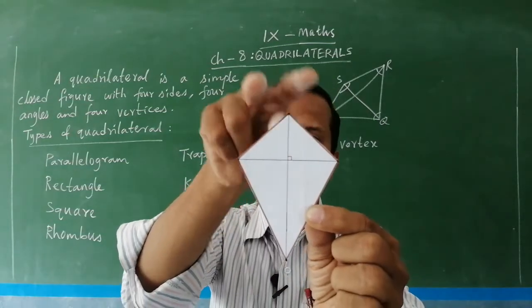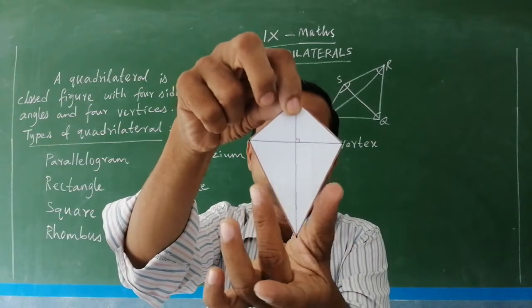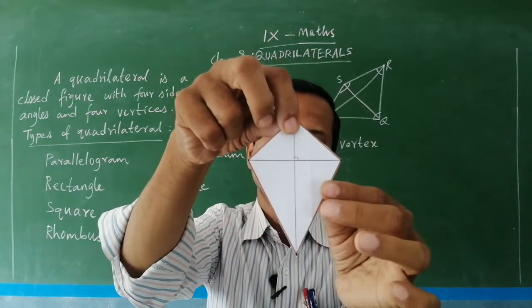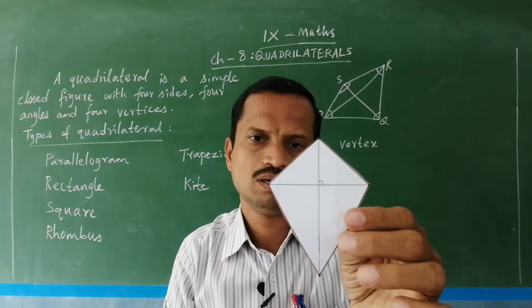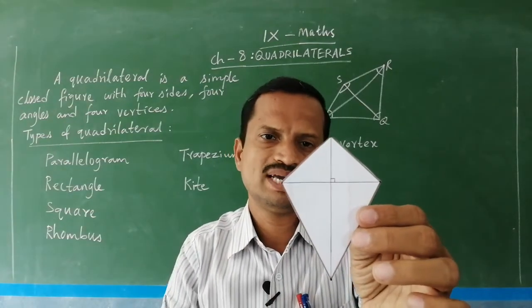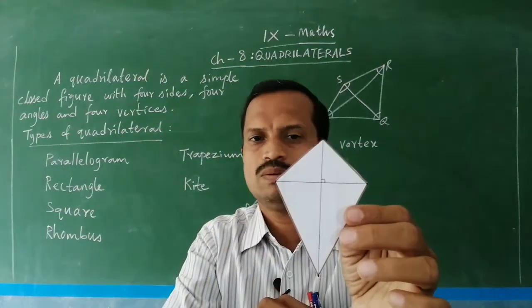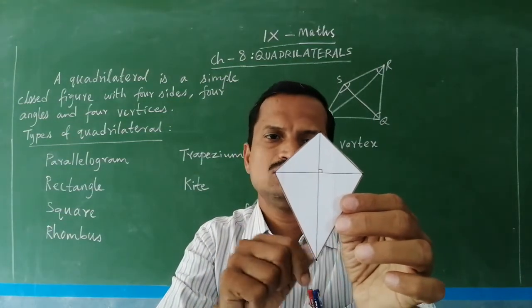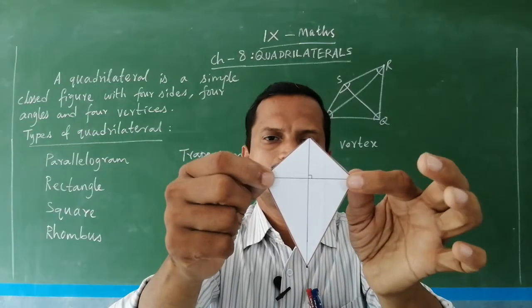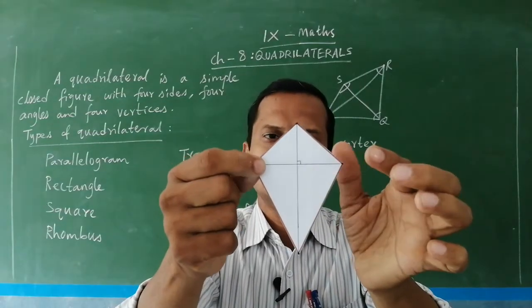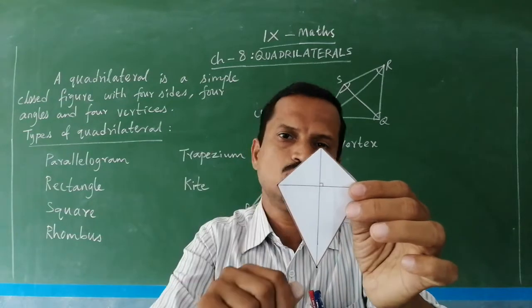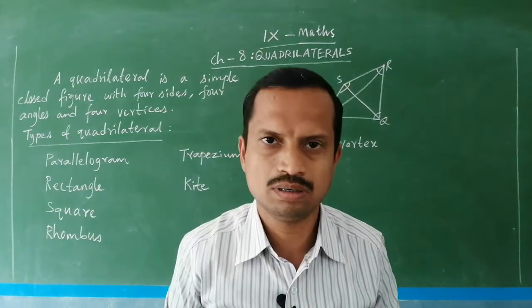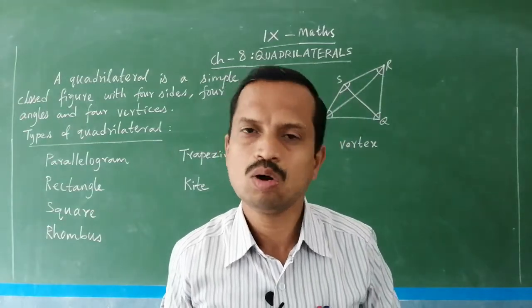These two equal and these two equal. So the kite has the property that only adjacent sides are equal. And angles: this angle and this angle will be equal, but these two are not equal. So we are calling it a special type of quadrilateral.